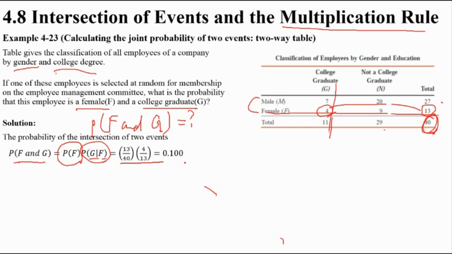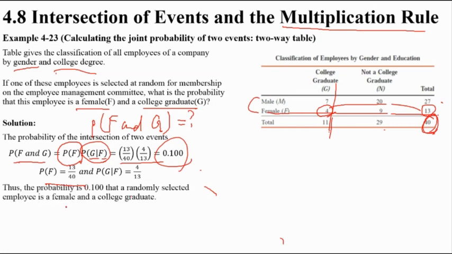Multiplying 13 out of 40 by 4 out of 13 gives 0.1, or 10%. All right, got it.